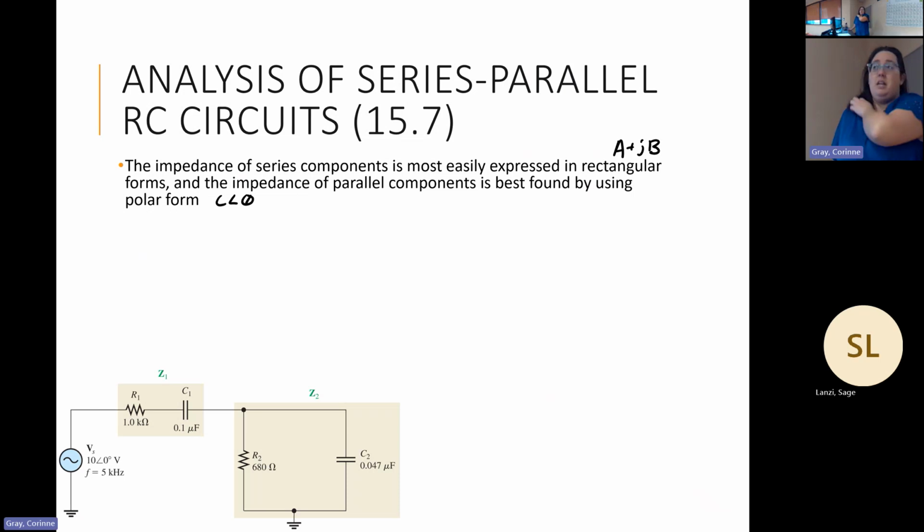With this, we have two Z values, and this is something we should work on keeping track of. This textbook has the shaded areas over it. Some textbooks put a little box around it and label it. The box part's probably a little bit easier to execute. So here we just have a box around R1, C1, and we're calling it Z1.